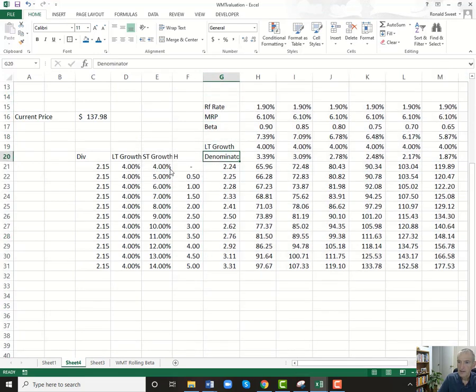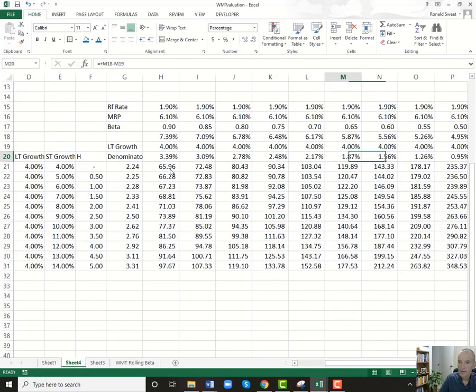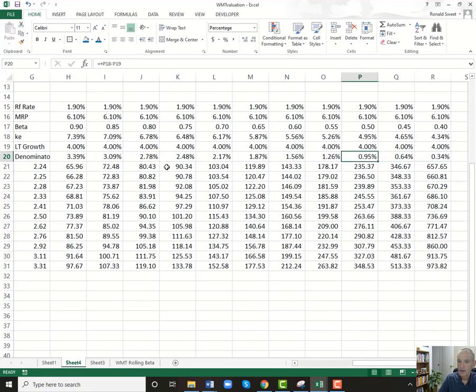So for my denominator, I still can get the whole word in there, but what is my denominator? Well, here's my discount rate, my KE, and there's my long-term growth. So the denominator is just the discount rate minus the long-term growth. So that goes all the way across. It should go from higher to lower.